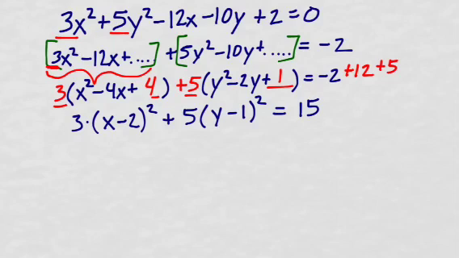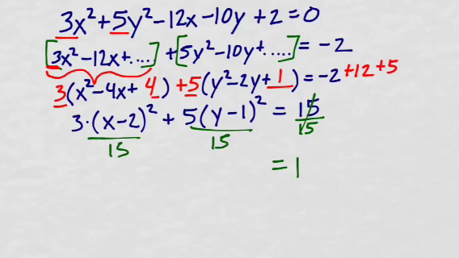Alright, and then the last step is, this is an ellipse. Remember, in the form of an ellipse we actually have our x minus something squared and y minus something squared as fractions over some number. Each one's a different number, and then it all equals 1. So we want this all to equal 1. I'm going to divide everything by 15, so divide each part by 15. And I get a 1 there, of course. And let's see, we'll start from the left.